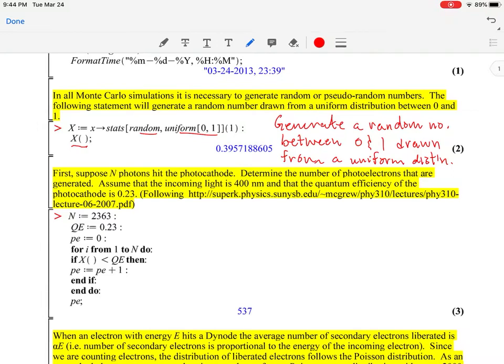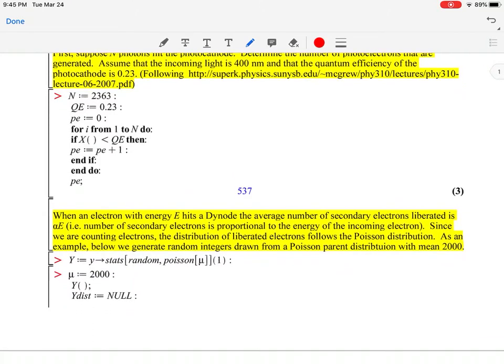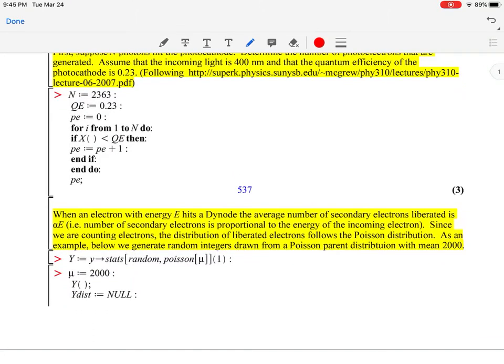Now, if this was done in the simulation, we would say that's a number that's bigger than our quantum efficiency of 0.23, and so that particular incoming photon would not have generated a photoelectron. Okay, and so here's just a test.